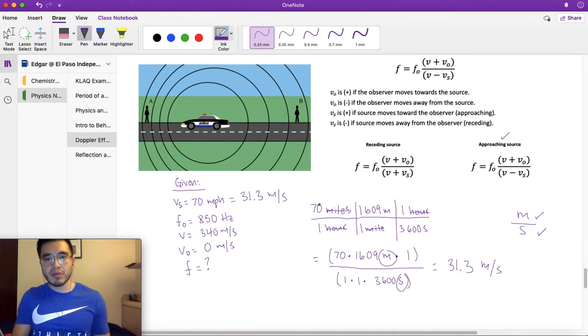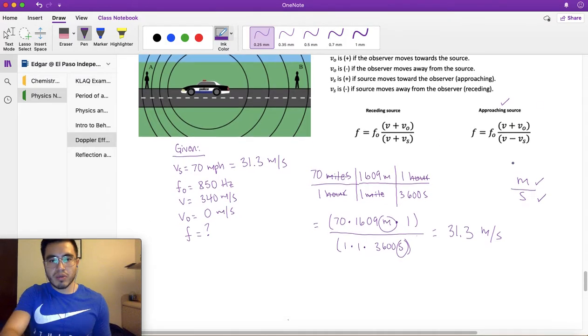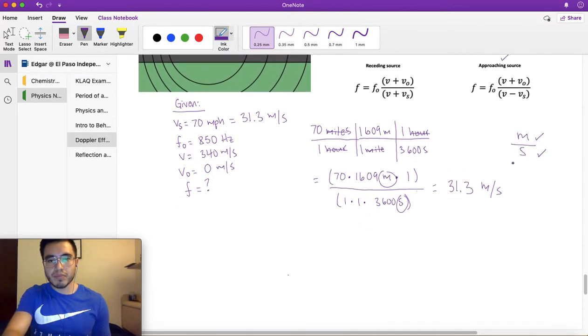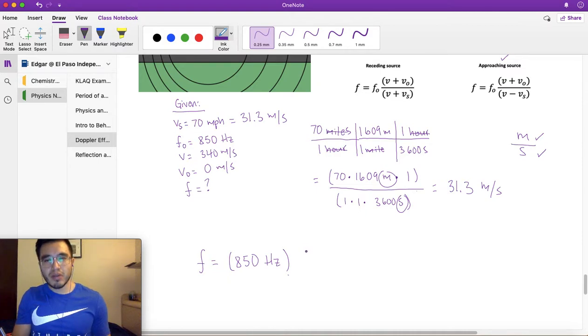Now we can substitute. Don't forget, this is the equation that we want, approaching source. So let's write it. F is equal to F naught, which is the original frequency, 850 hertz, times, let's add the parentheses now.